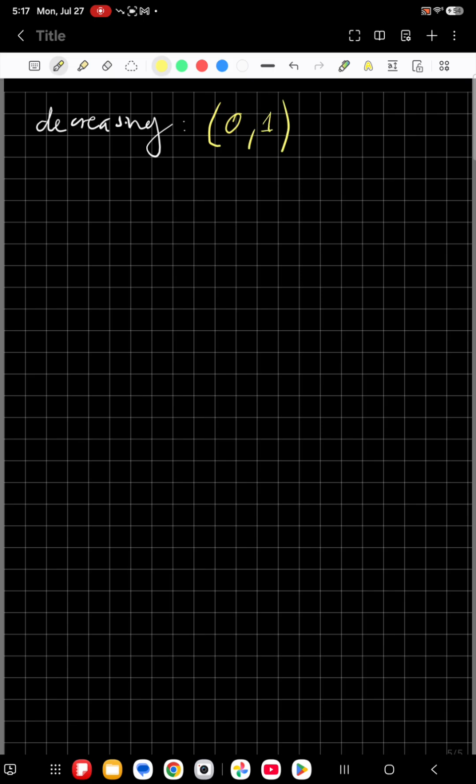Okay, so we have that, and I have a graph here. Let me show you the graph of that function. It goes through the origin, and let's mark that as 1. So this was the origin, 0, 0.